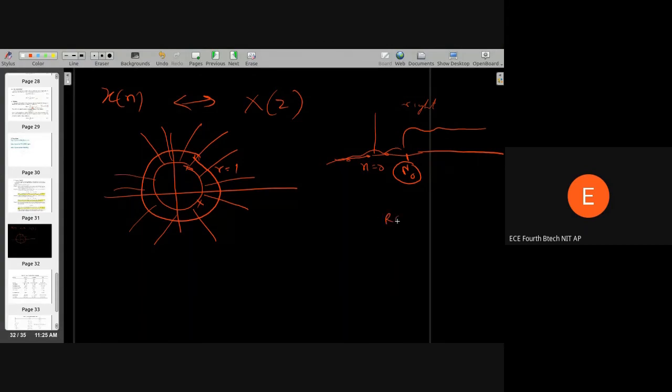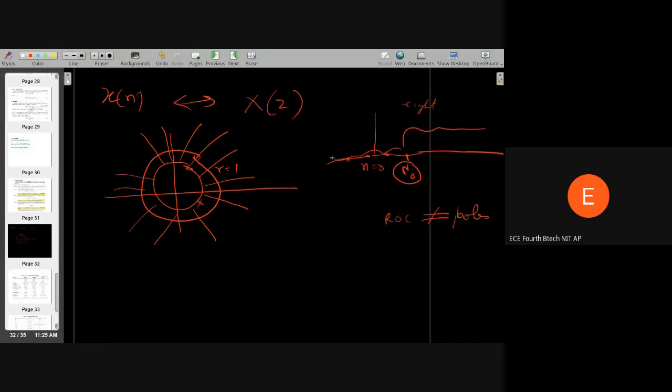So ROC cannot include poles. If your signal is right-sided, it is also called a causal signal.